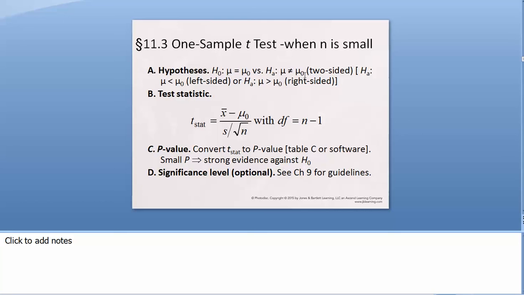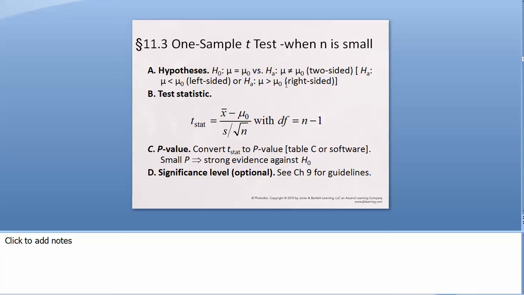You can have a two-sided test where we say mean is not equal to that specific value, or a left-sided test, which means mean is less than that specific value, or mean is more than that specific value. Remember, the null hypothesis always has equals. The alternative hypothesis will have only one of these three: not equal, less than, or greater than.